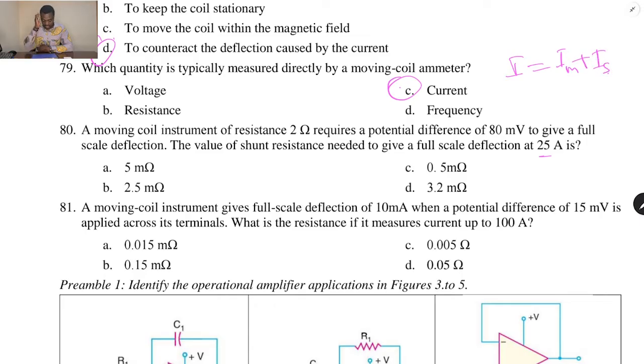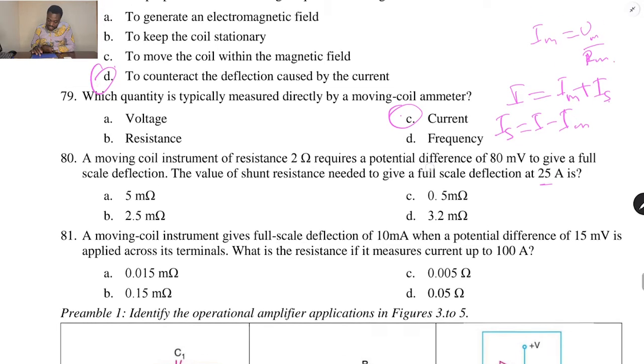shunt current. Now that we know this, to find the shunt resistance, first let's find the shunt current. This is just equal to I minus IM. IM is equal to the voltage across the coil, VM, over RM.